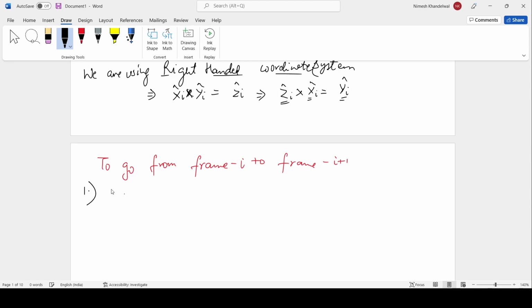We identified that the first one is rotation about the xi axis by alpha i radians.